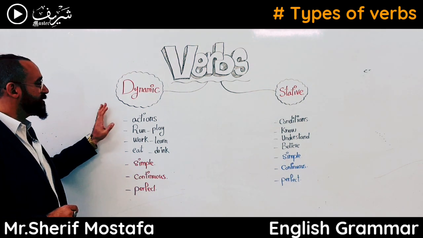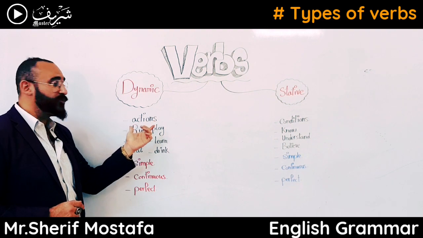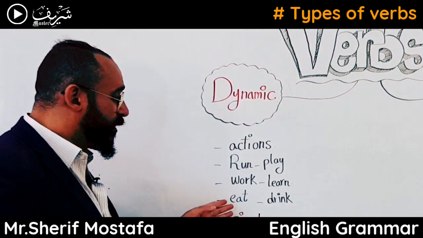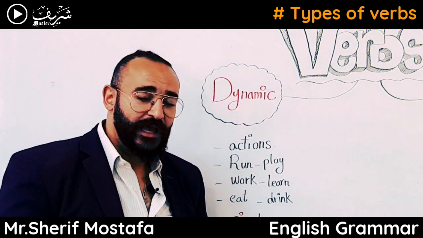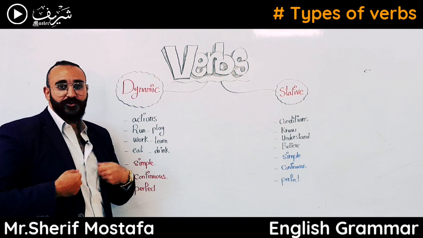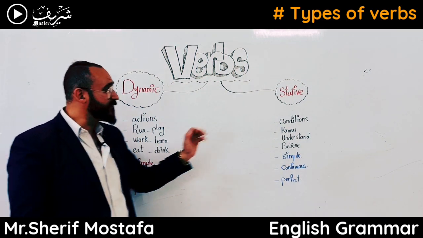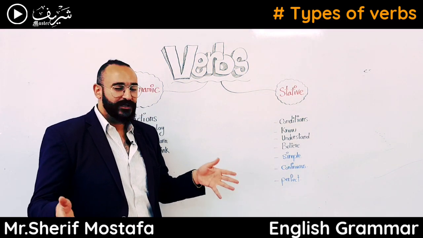So when it comes to the dynamic verbs, they mainly refer to actions like run or play, work or learn, eat or drink. As you can see, you use your body or an action to finish it. However, the stative verbs are not related to movement or any action.